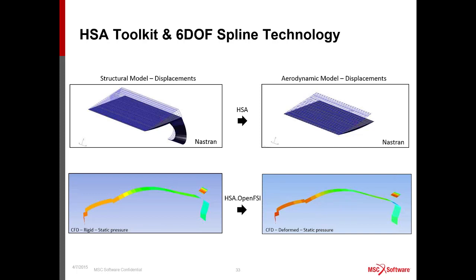Okay, as you can see on the right side and the bottom, the spoiler is changing shape because it's changing the angle. This means, okay, the aerodynamic pressure, the static pressure is changing as well.